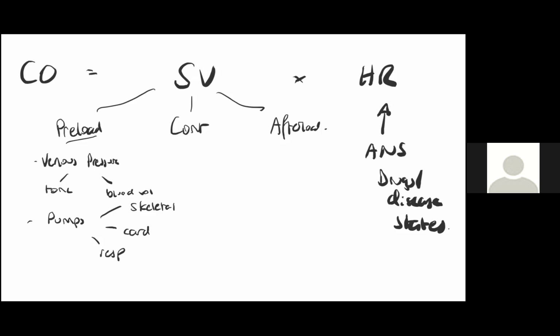The respiratory pump refers to the impact on venous blood flow of variations in intrathoracic pressure through the respiratory cycle. So in normal negative pressure respiration, you generate negative intrathoracic pressure, which through traction increases the diameter of your central veins. And as we know from the Hagen-Poiseuille equation, an increase in the radius increases the flow.